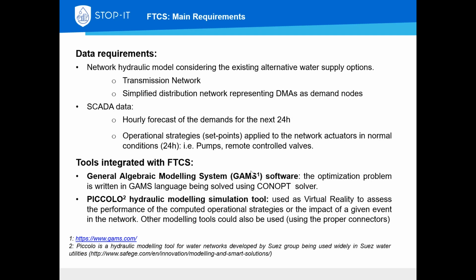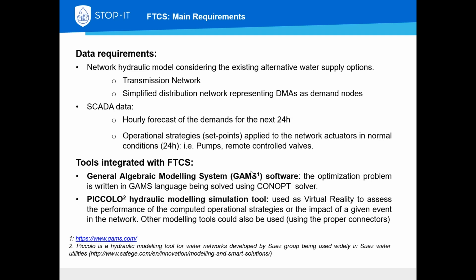The main requirements associated to this tool are the following. So, the hydraulic model of the network, considering the existing alternative water supply options, is needed. In this hydraulic model, the transmission network must be represented and the distribution network must be represented in a simplified manner.